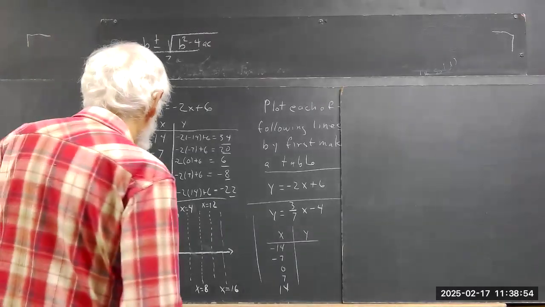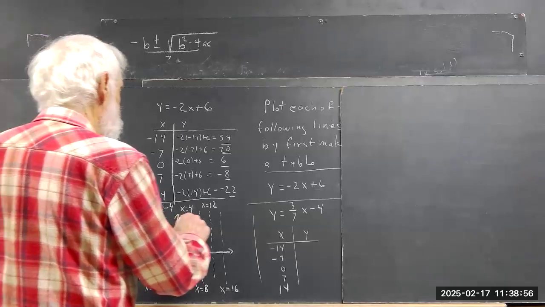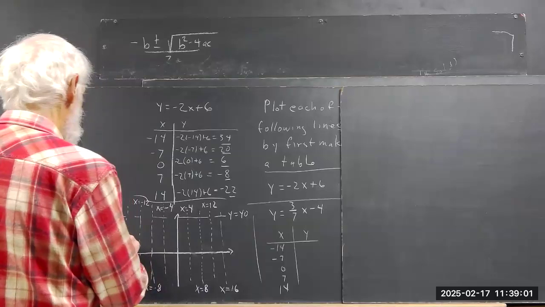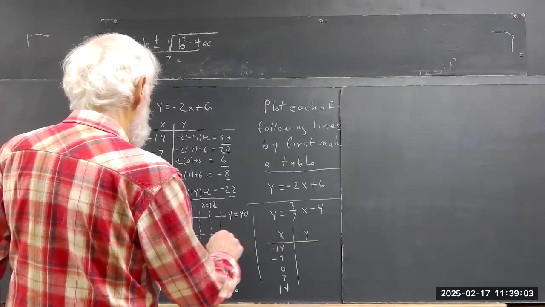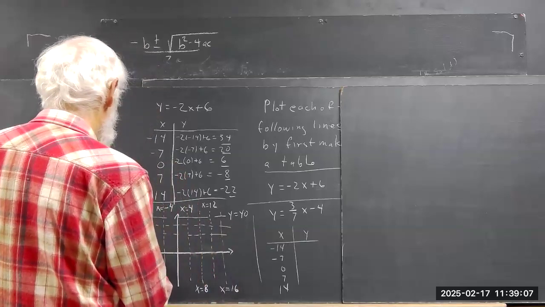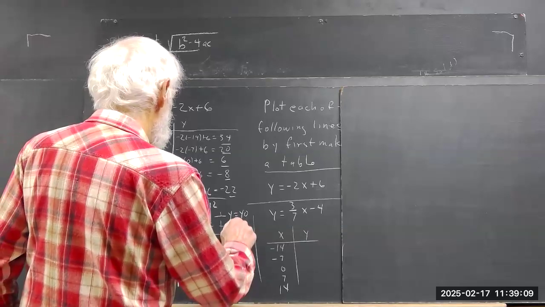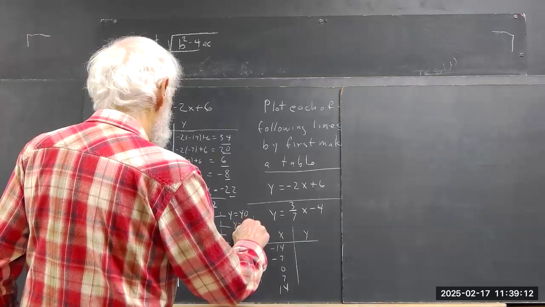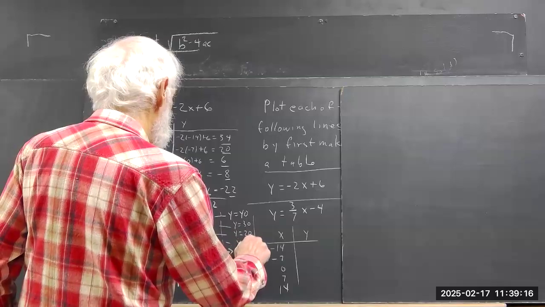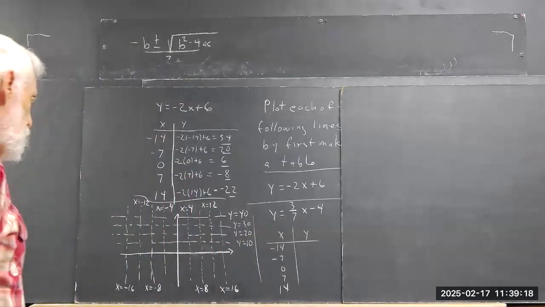Now, we need Y equals 40. Then we're going to have Y equals 20. Y equals 30. And Y equals 10.